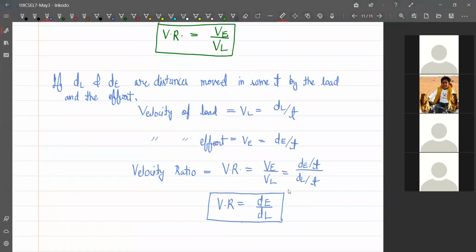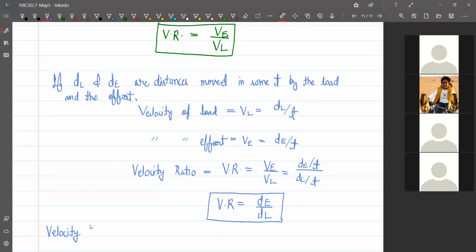Sir, I didn't understand what is the meaning of velocity of effort and velocity of load. Think of it like this: you are pedaling a bicycle, so your feet are moving with some velocity in the downward direction. And the bicycle is moving ahead because the back wheel is moving.